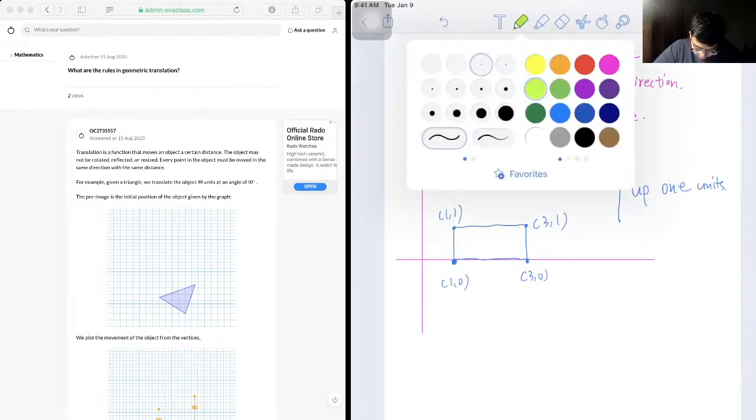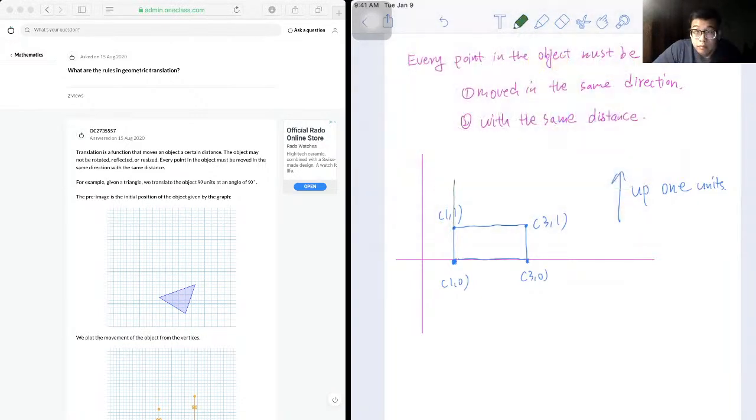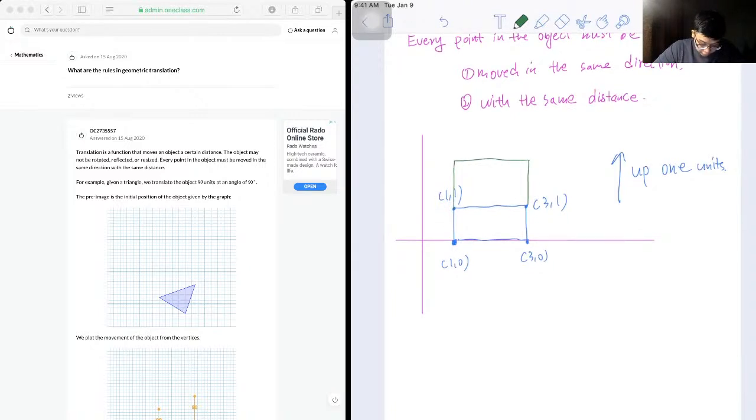Change to another color. So for 1 1, it will transfer to 1 0. Its original 1 0 will be transferred to 1 1, and the original 3 0 will transfer to 3 1.